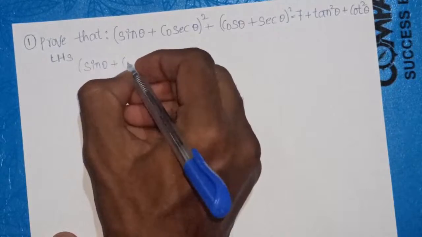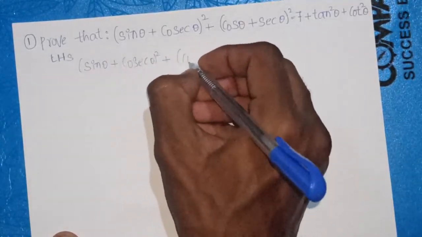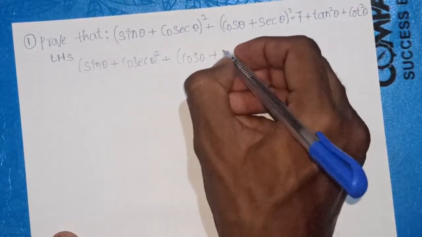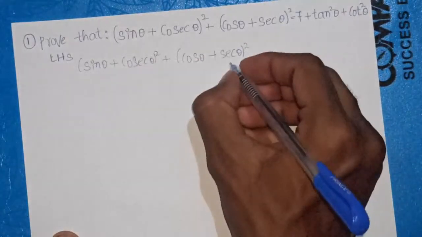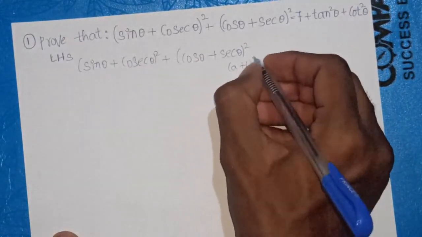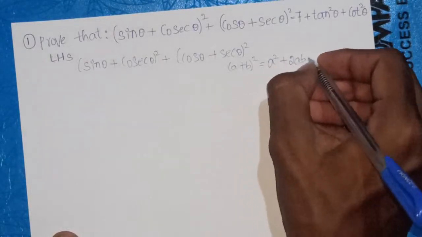(sin theta plus cosec theta) whole square plus (cos theta plus secant theta) whole square, and we know that it is in the form of (a plus b) whole square. (a plus b) whole square will be equal to a square plus 2ab plus b square.